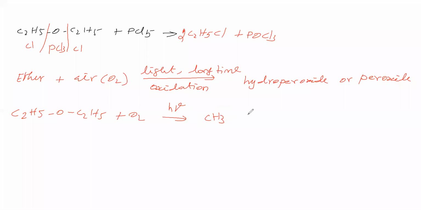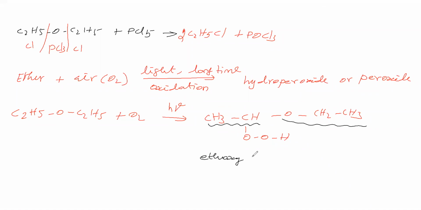How is the hydroperoxide formed? So and so hydroperoxide is formed. What is the name of this one? That we will see. This part we call ethoxy, then this part we call ethyl, and the remaining part is hydroperoxide.